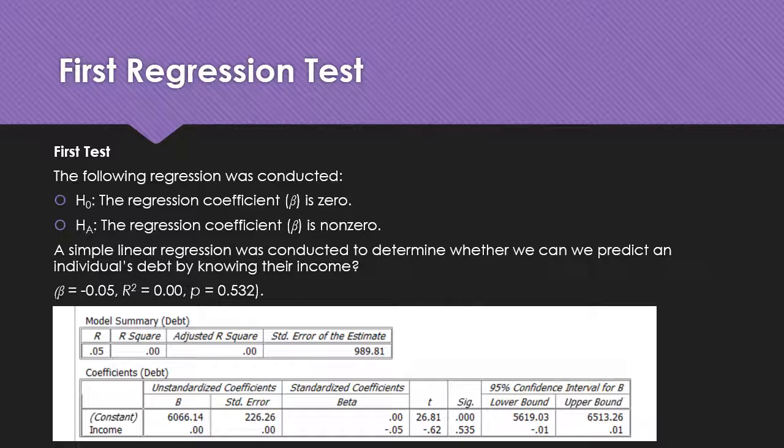We can see this really clearly in that B is 0.05, the R-squared is 0, and the p-value is really high too. Therefore, we're accepting the null hypothesis and coming to the conclusion that there is no ability to do this prediction.